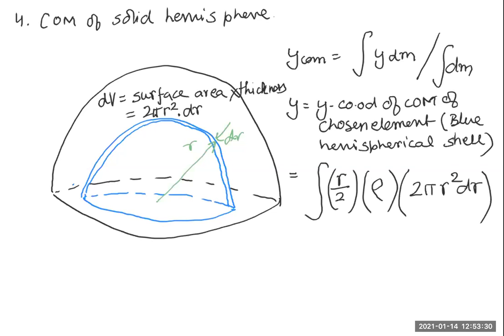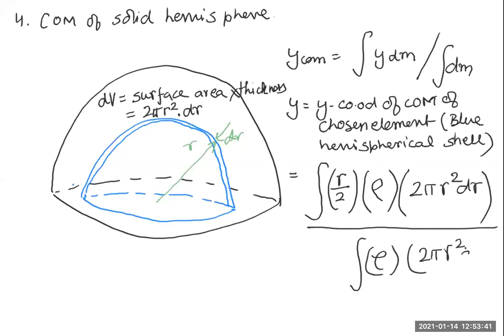Divided by the integral of dm, which is just a replica of the above, 2 pi r square. Before I carry out the integration, I must decide on the limits.